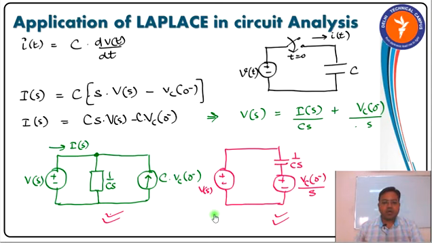I should also say that in some books this polarity is wrongly mentioned. So please check it. The polarity of this voltage source and the direction will be like this. Especially in KM Sony it is wrongly mentioned.